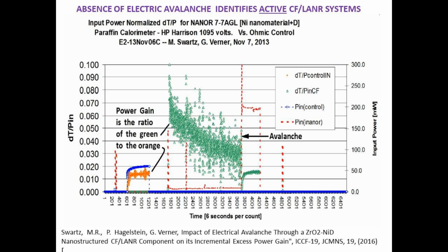However, as the voltage is suddenly increased, an electrical avalanche occurs, and yet, even though more electric power is delivered, there's no more excess heat. This shows observably the two states. Also note that the LANR became the same as an ohmic control with the output power matching the input power.